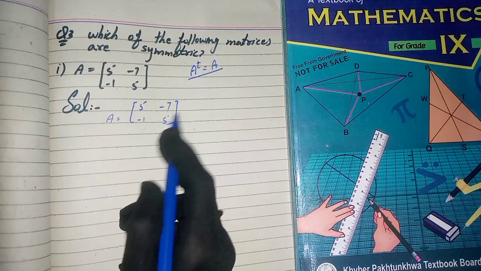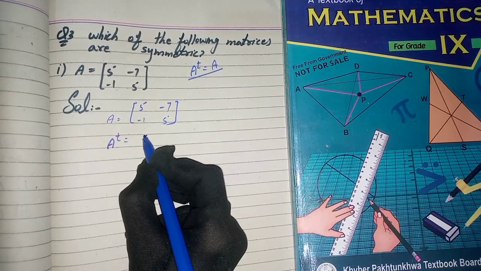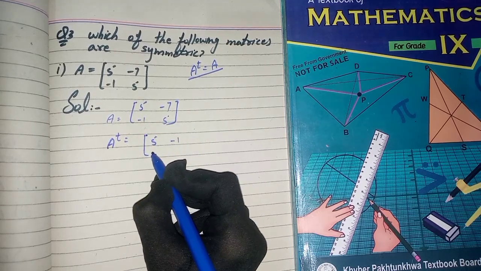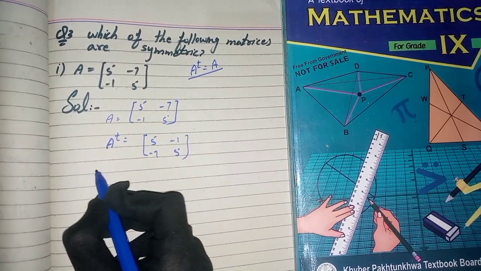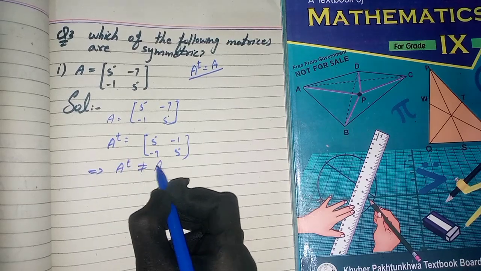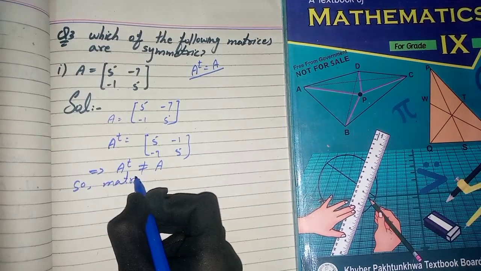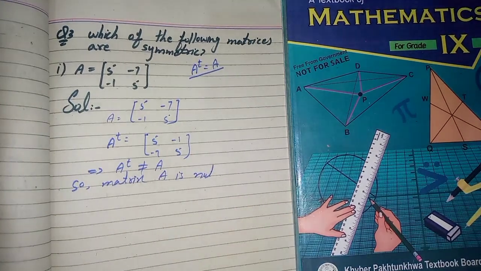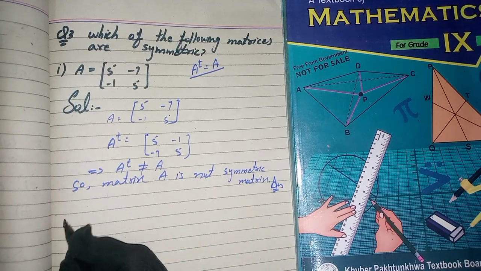Taking transpose, A transpose is equal to, we write column in the place of row, 5 minus 7 minus 7, 5. Here A transpose is not equal to A. So matrix A is not a symmetric matrix.